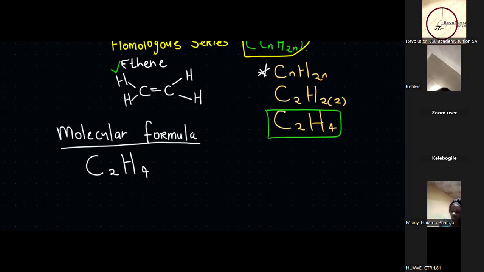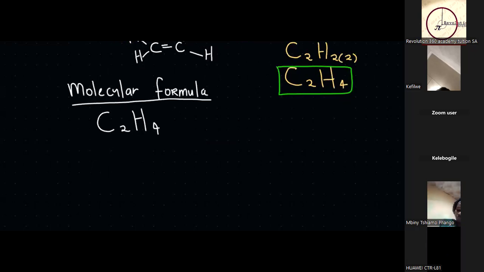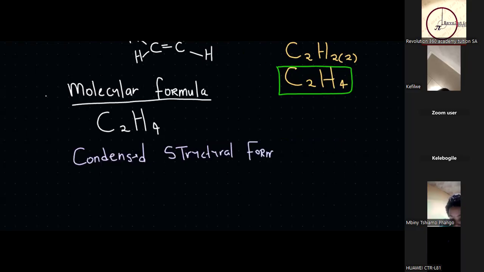And then one thing that you'll also come across is what we mean when we speak about a condensed structural formula. With regards to the condensed structural formula, it will be a bit different in this sense. So this will be the condensed structural formula of ethene. What will it be? Remember the structural formula of ethene, I wrote something like this.